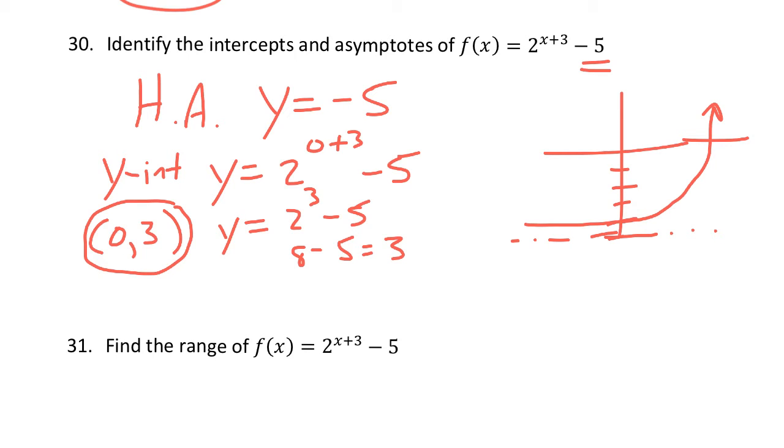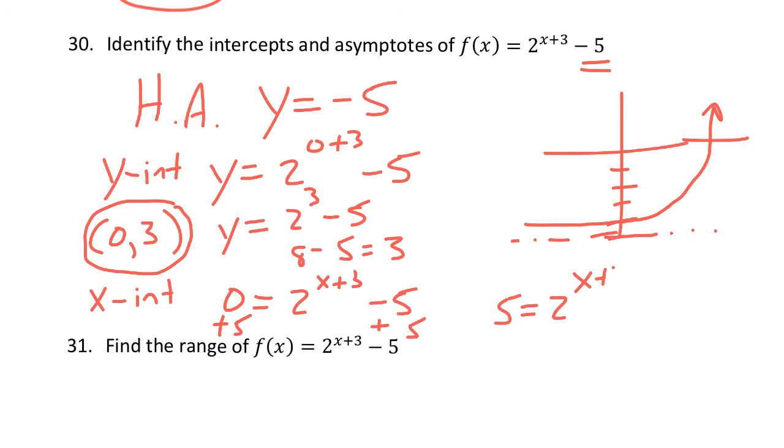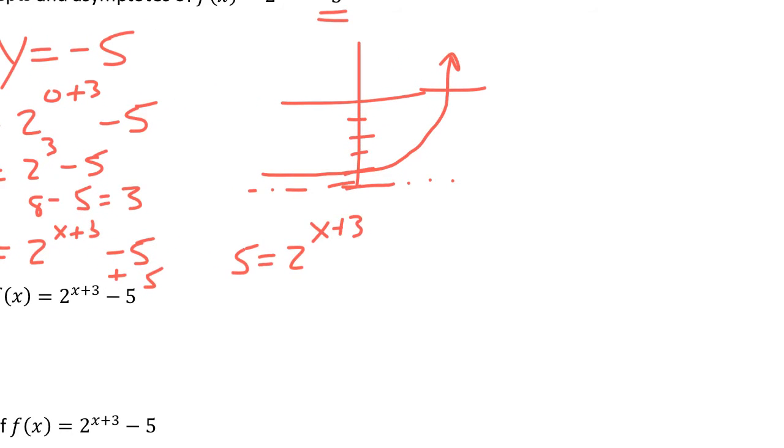And the x-intercept, we let y be 0. 0 equals 2 to the x plus 3 minus 5. To solve an exponential equation, you first want to get the exponential part by itself. So 5 equals 2 to the x plus 3. And then you want to turn that into a logarithm.